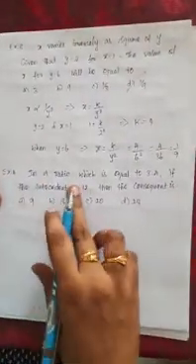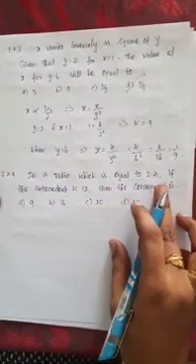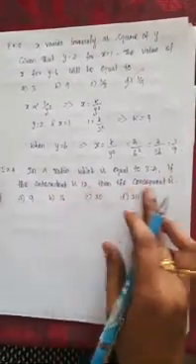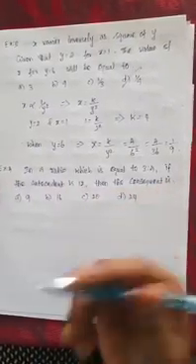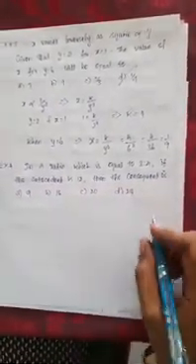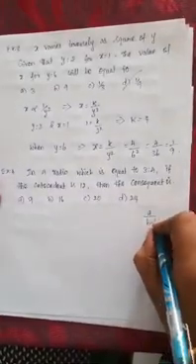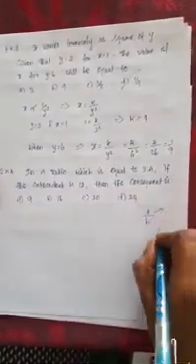Example 4. In a ratio which is equal to 3 is to 4, if the antecedent is 12, we have to find the consequent. In ratio a by b, here a is antecedent and b is consequent.